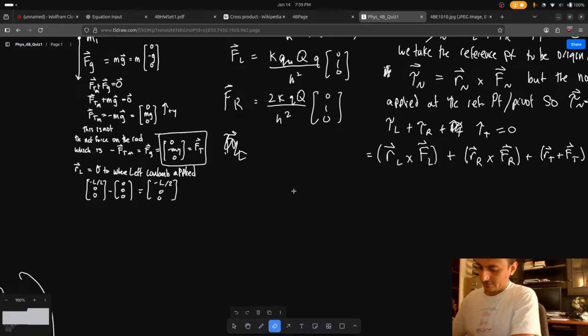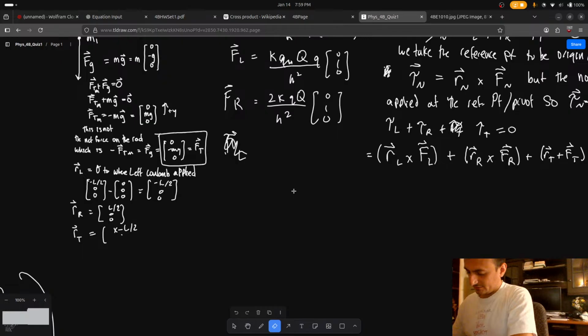Okay, R for the tension force is going to be X minus L over 2, 0, 0. Okay, so now we have all the things.